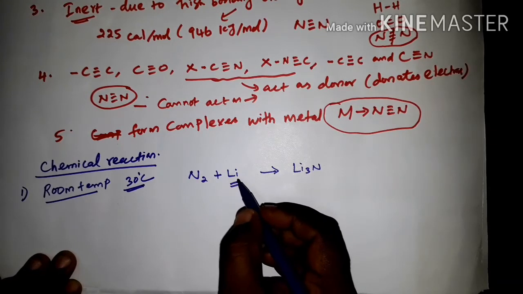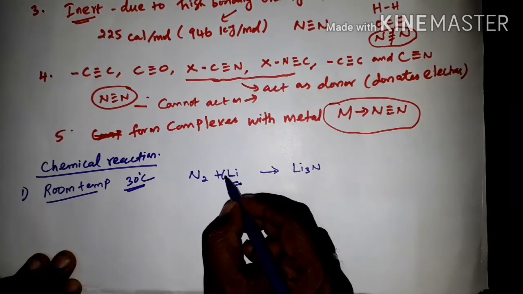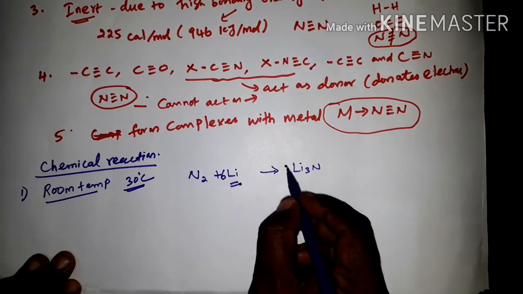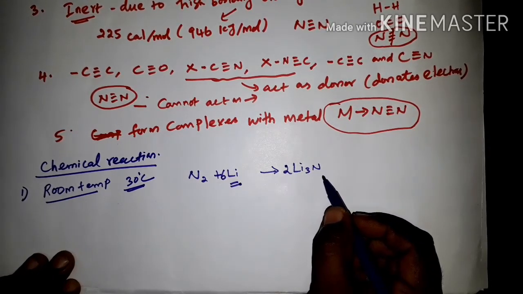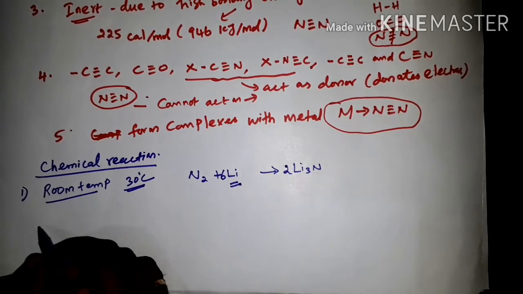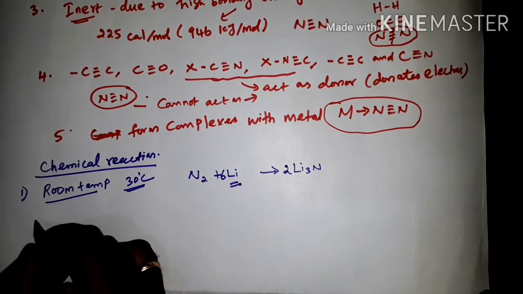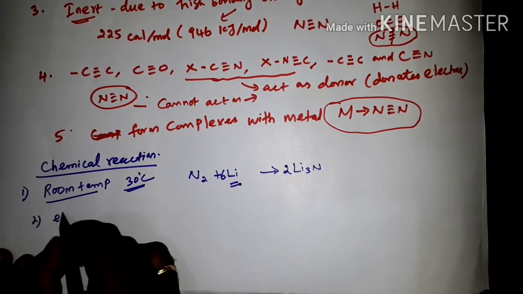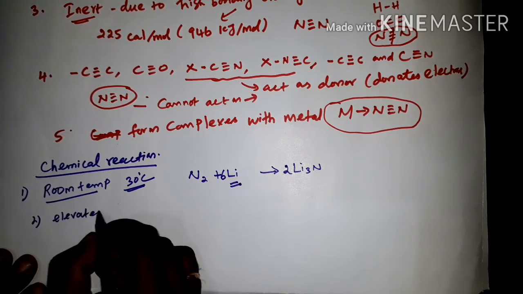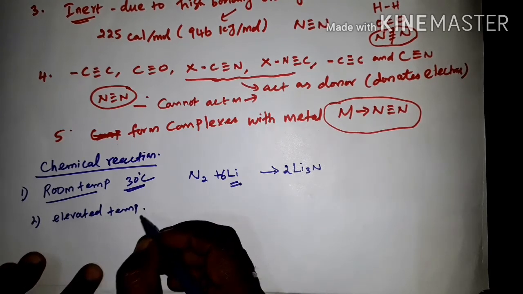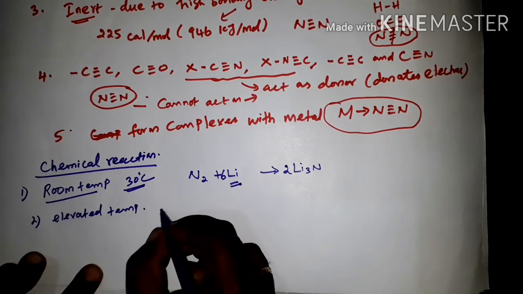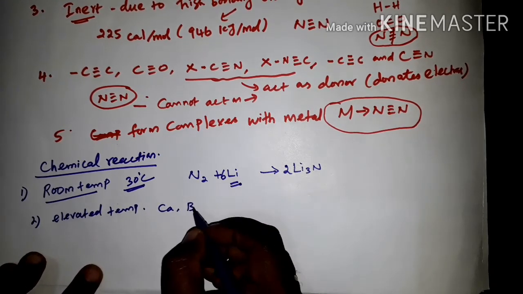Now balance the equation. I am adding 6 here and 2 here, so we are getting lithium nitride. This is the first reaction. When you increase the temperature, at elevated temperatures, it can react with other elements, calcium and boron.